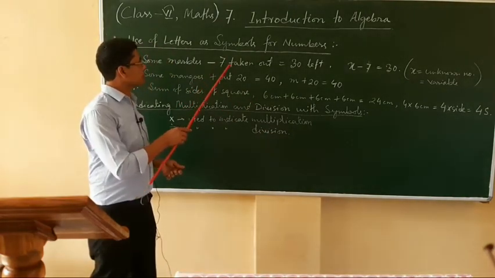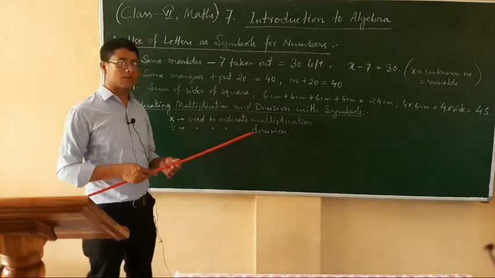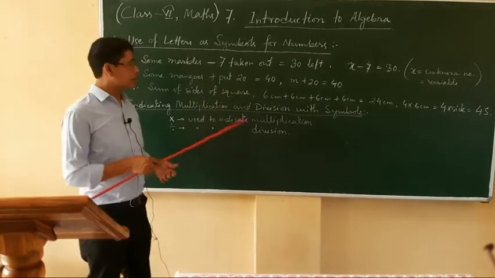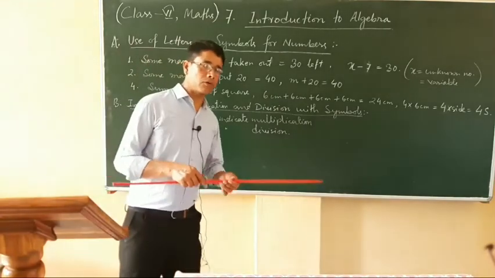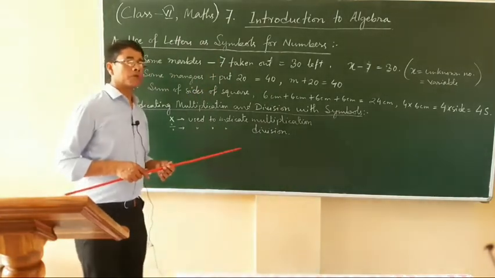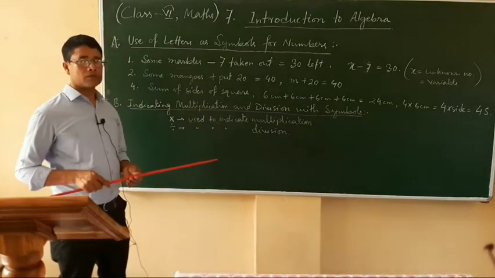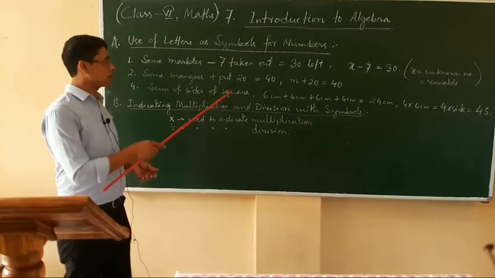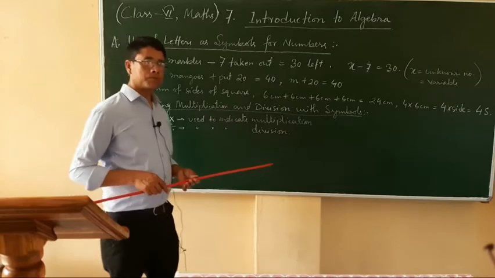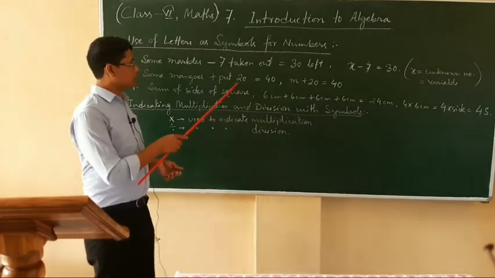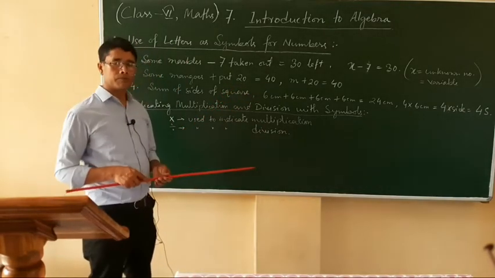So here as 7 marbles were taken out in the first case, it was minus. But here we are putting 20 mangoes into the mangoes which are already there in a basket. So 20 mangoes were put there. So after putting 20 mangoes, it became 40.